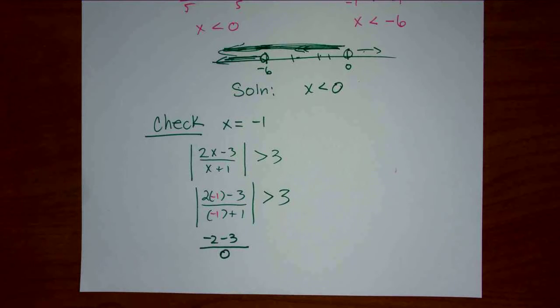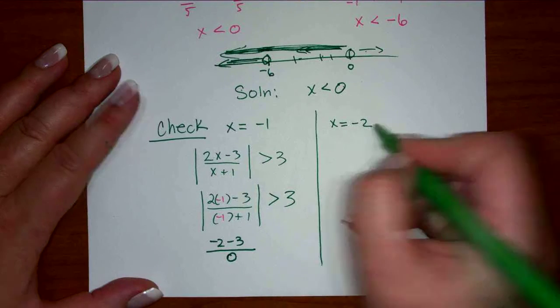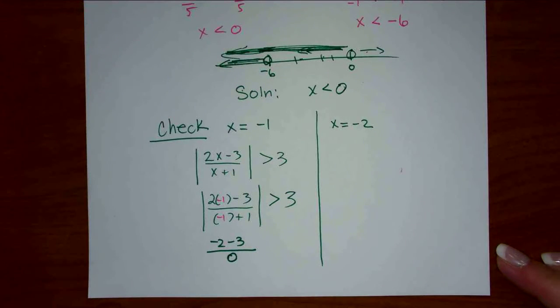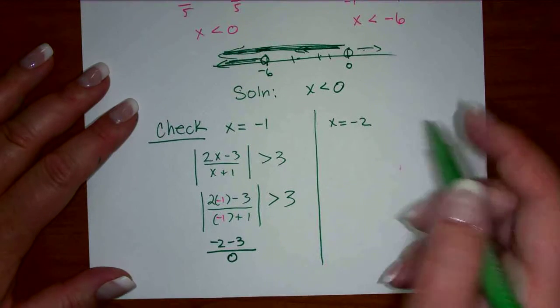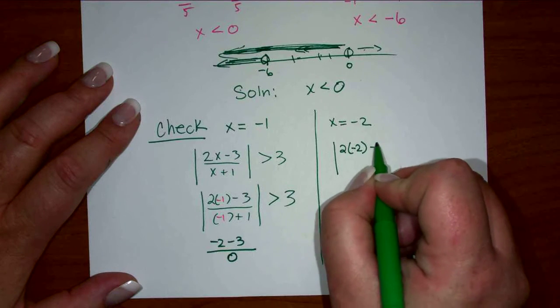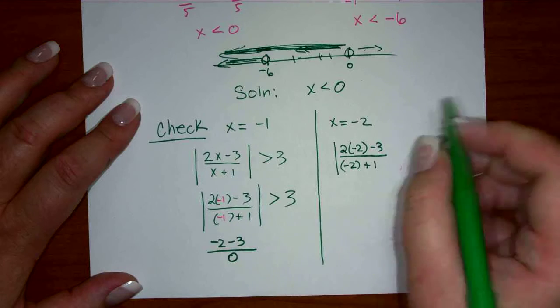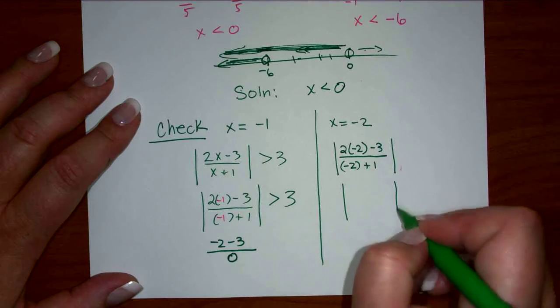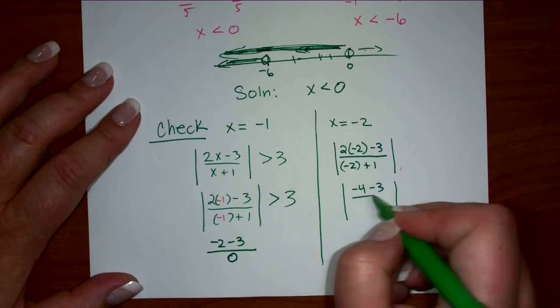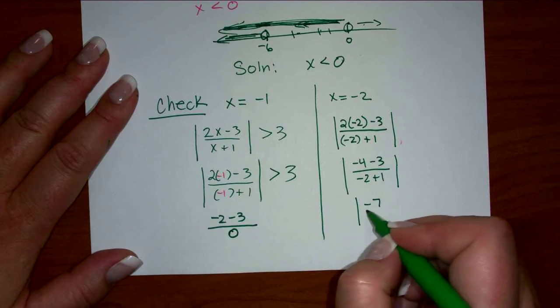So that's true. Well, let's check another number. What happens when we plug -2 in? That's not going to make the bottom 0. What's it going to do? So -4 minus 3 over -2 plus 1. -7 over -1.